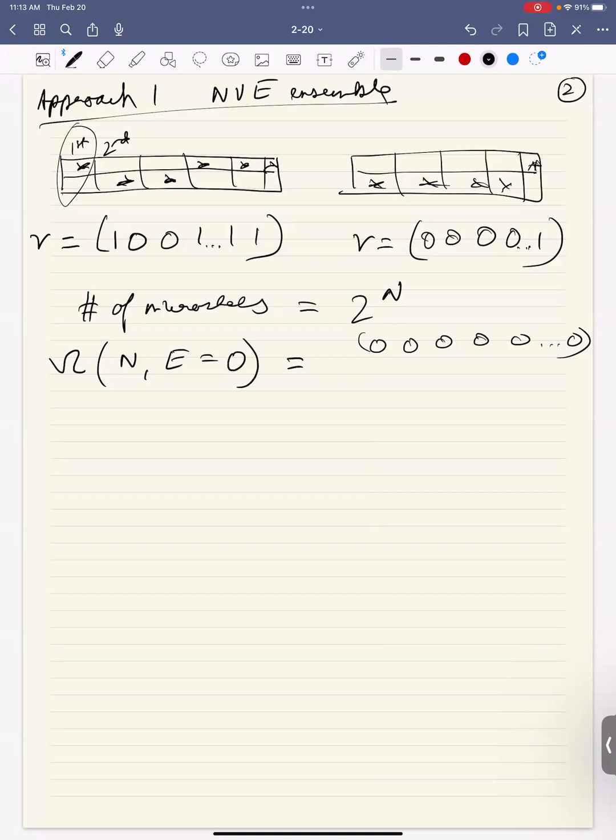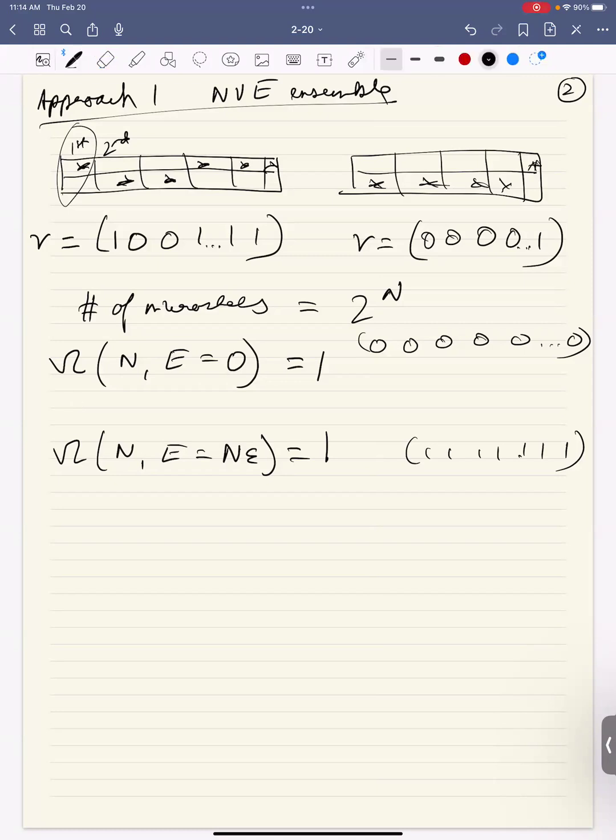So the number of microstates where the energy is equal to 0 is equal to 1. The number of microstates where the energy is equal to n multiplied by epsilon, everything is excited. How many microstates do we have in this configuration? Again, 1. Each of them has to be excited, right? So this one will correspond to 1, 1, 1, 1, 1, the binary number that looks like this.